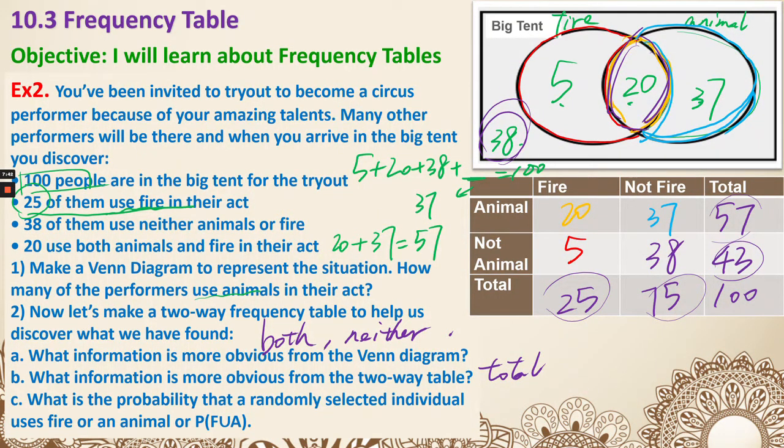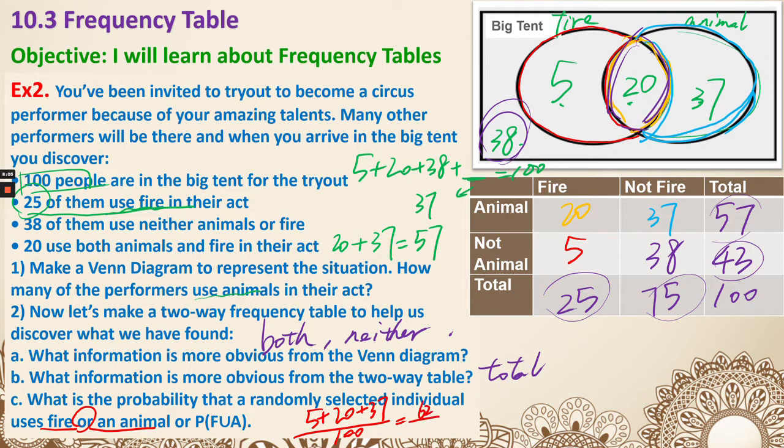Now, last question for this one. What is the probability that a randomly selected individual uses fire or an animal? Fire or an animal. You can look at the Venn diagram. That means it's going to be the circles inside, including the overlapping part. So 5 plus 20 plus 37 over 100.